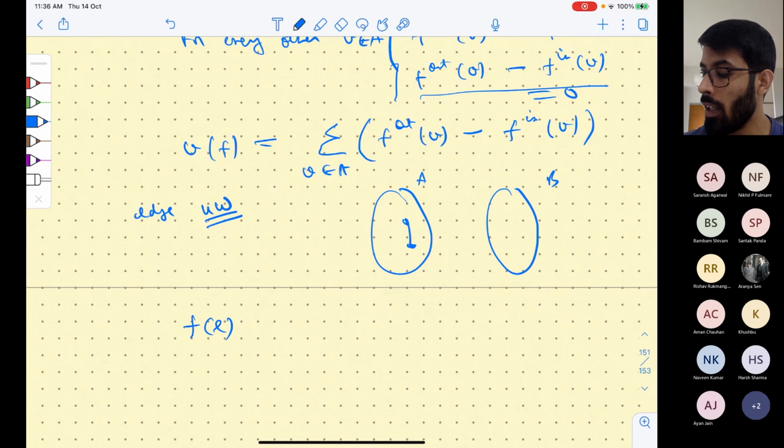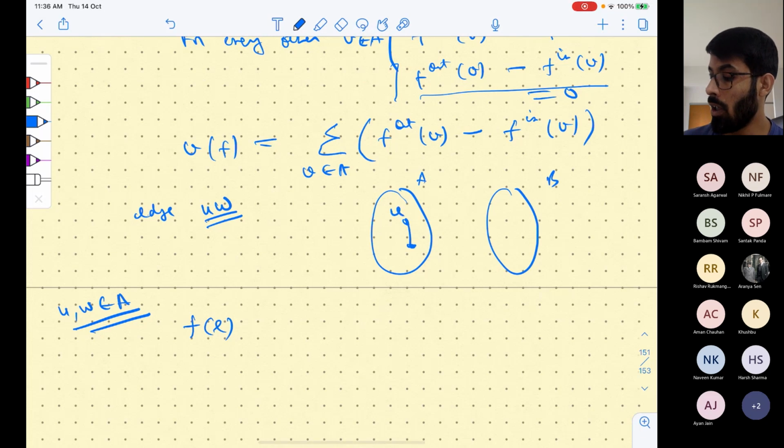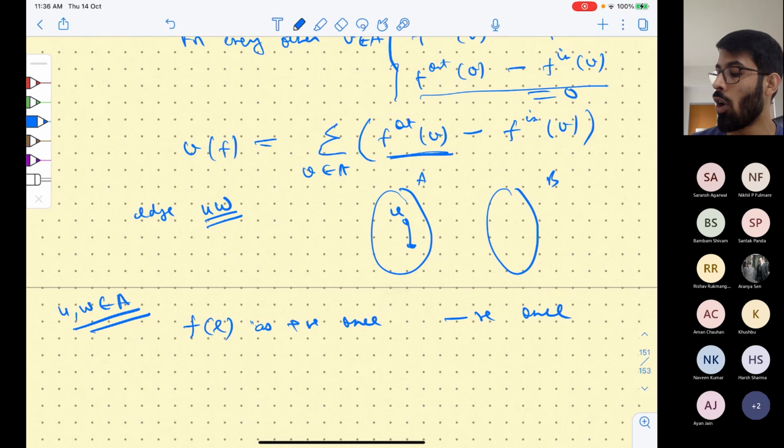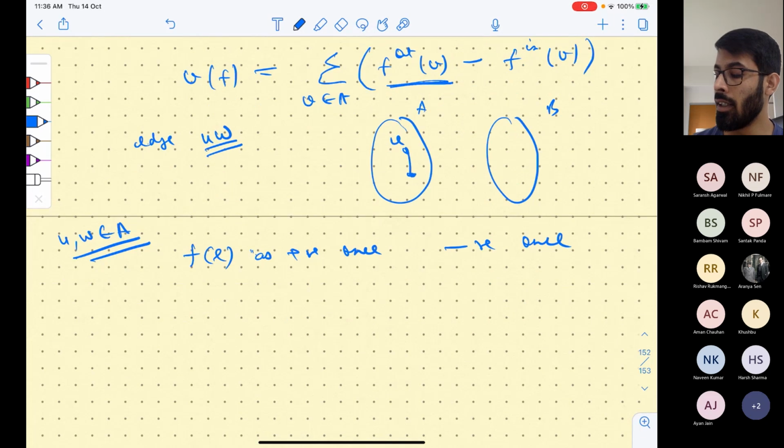So if both U and W are in A, then it will be counted for out for U. So F of E will occur as positive once and negative once. Okay, so this will cancel out. This will not show up in the summation.